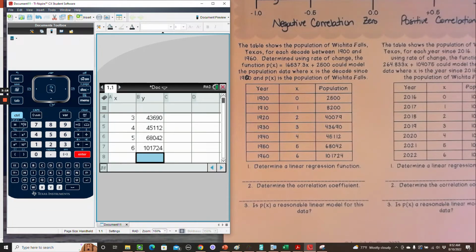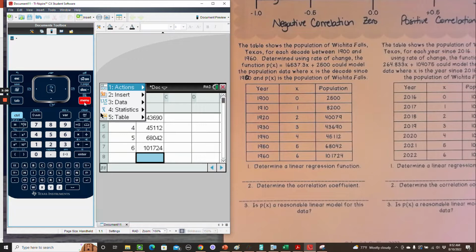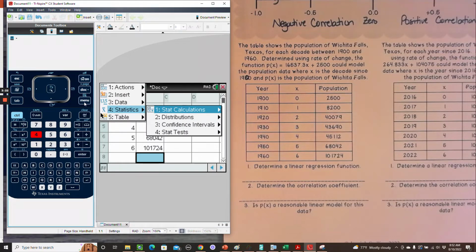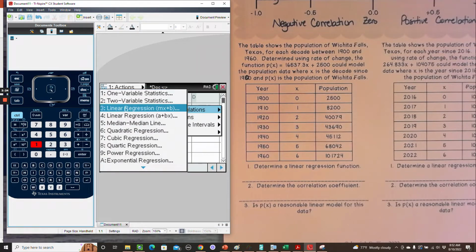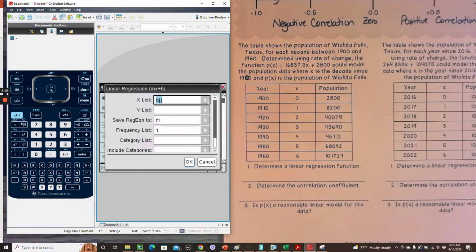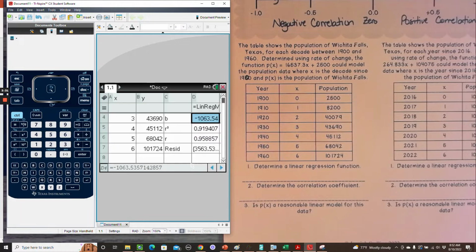Once you get your data in, it's going to be menu 4, 1, and then 3 for linear regression. Our X list, we labeled X. Our Y list, we labeled Y. And then these values here, you can see m, here's my slope, here's my y-intercept.